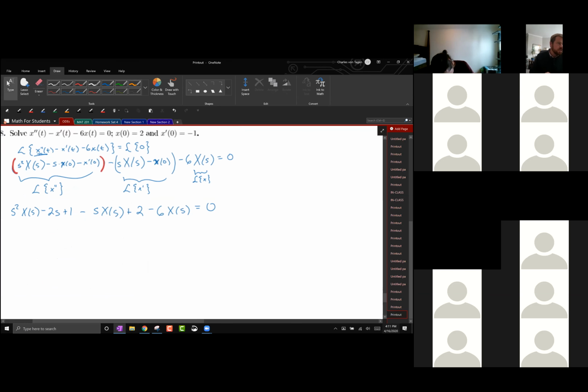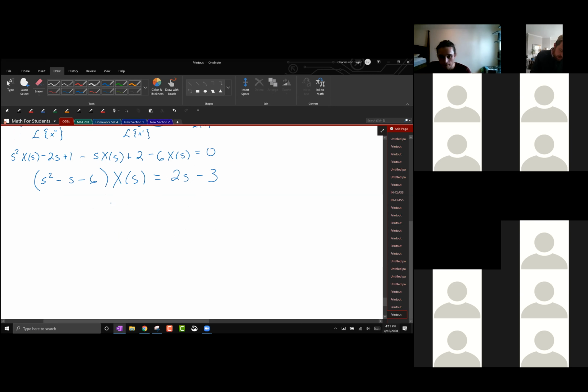I'm going to solve this expression here for x of s. So collecting all my x of s terms together, we've got s squared minus s minus 6 all times x of s is equal to, and then taking the other terms over to the right-hand side, we get 2s minus 3. Okay.